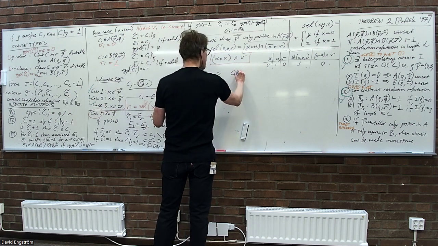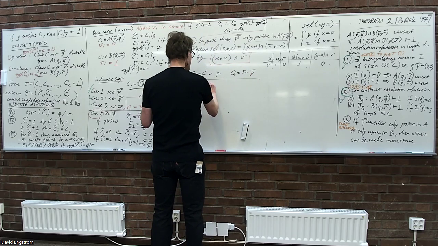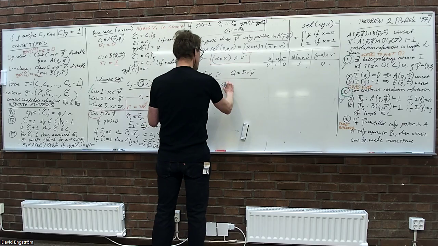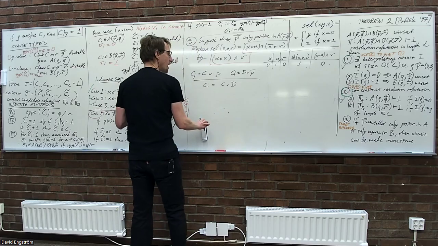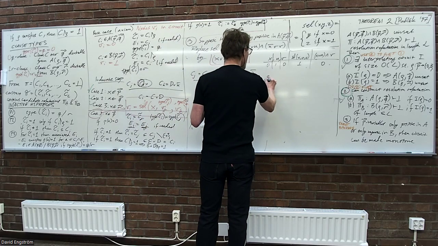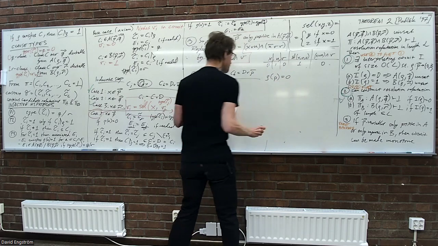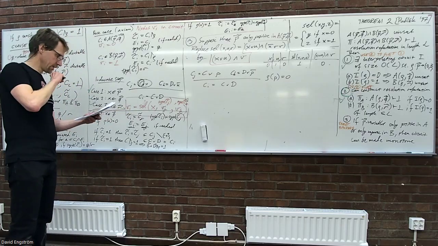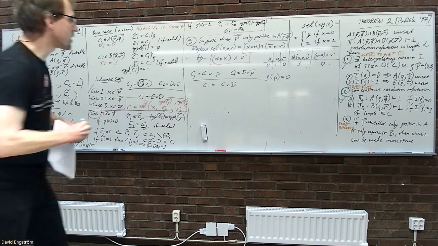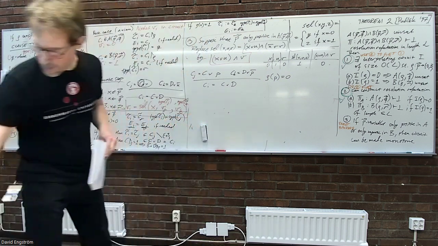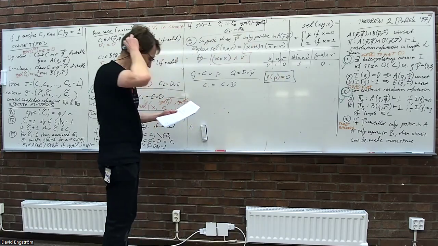And we have Ck, that is some D or not P. And Ci is C or D. And we have rho of P is 0.